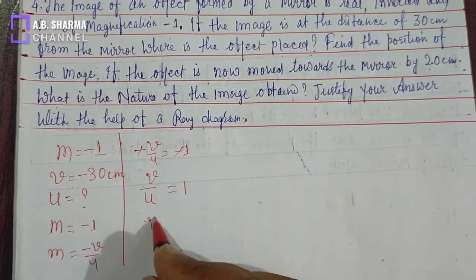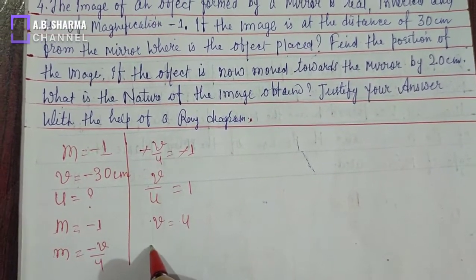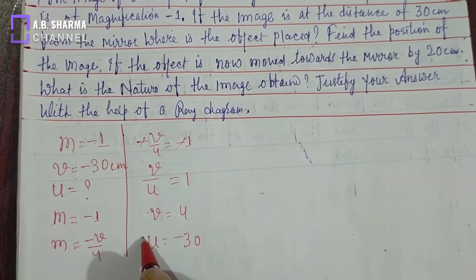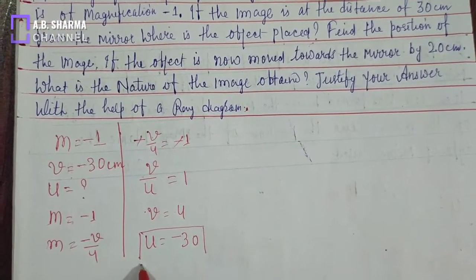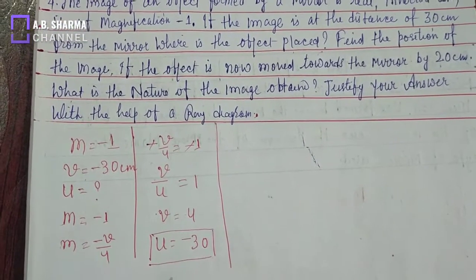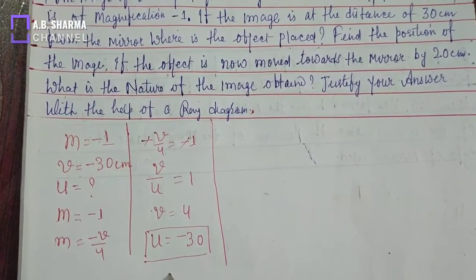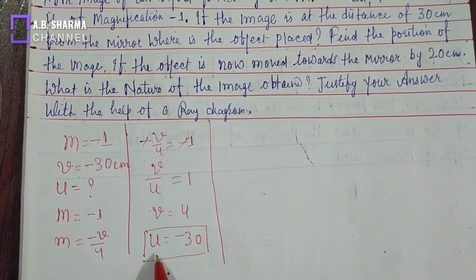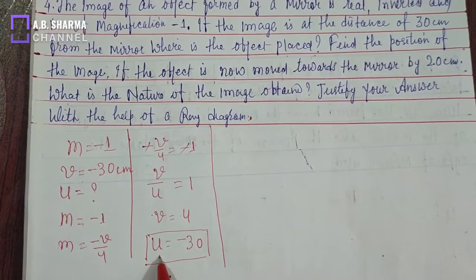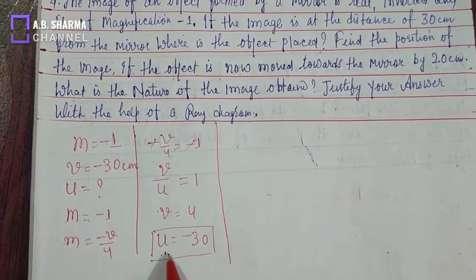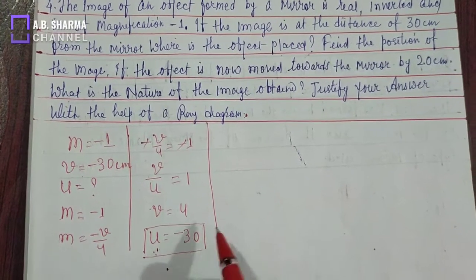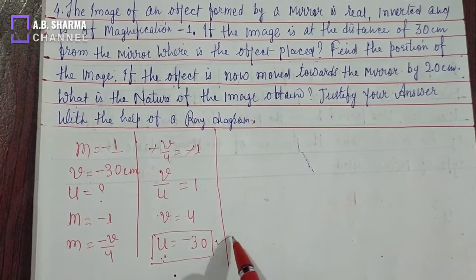So v equals u, so u equals minus 30. As the values of u and v are the same, already we have seen in the case of ray diagram that where the object is placed, the size of object and size of image will be equal. So the object will be placed at center of curvature.